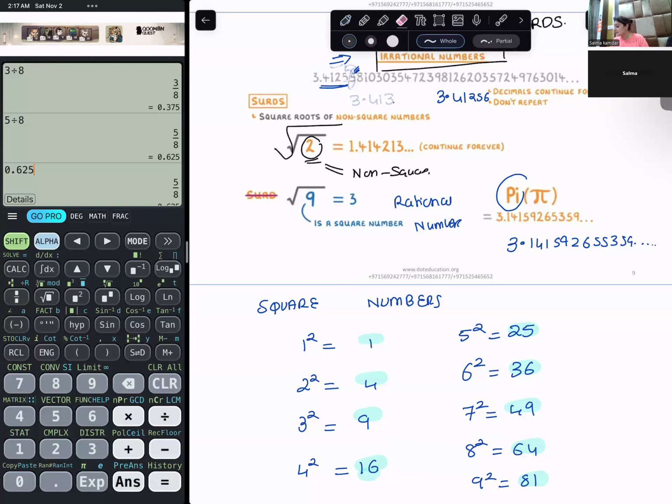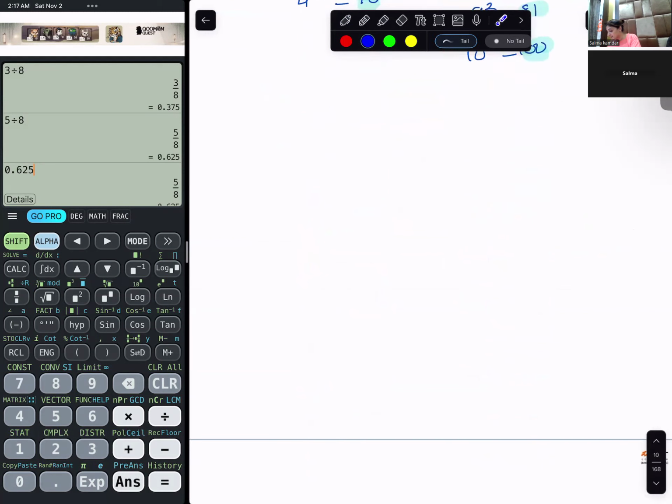So, what is a surd? A surd is the square root of a non-square number. If inside the square root the number is a square, it can be simplified, so that will not become an irrational number. That will become a rational number, which is not a surd. So now here we come to the concept of surds.